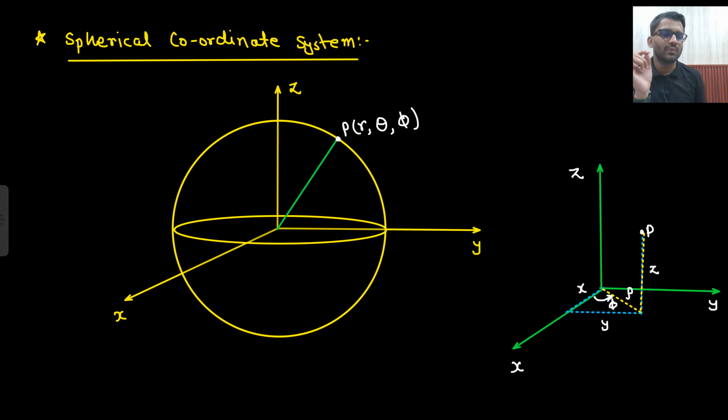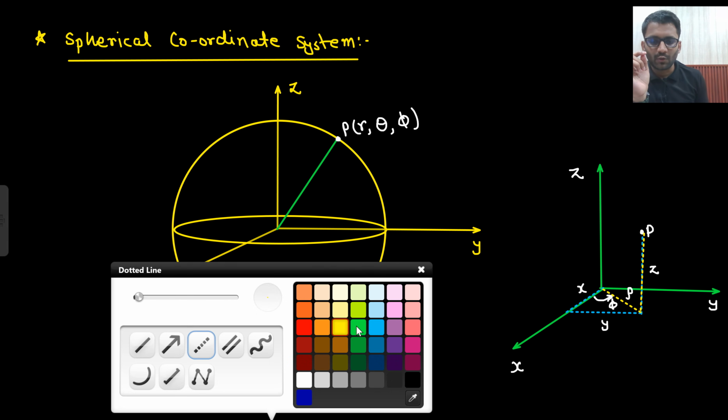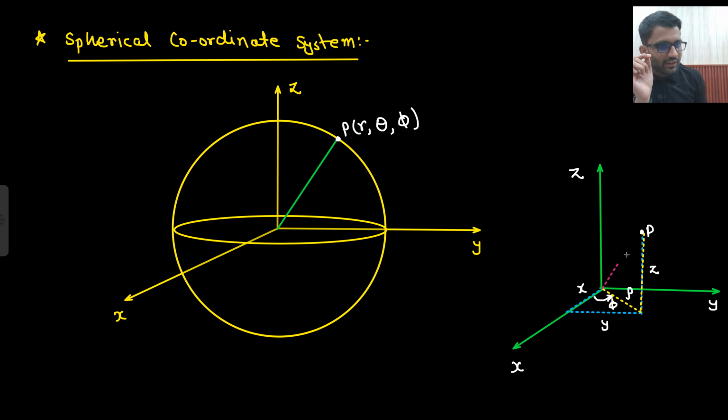Now this is the third way. From the origin we will directly jump to the point P, traveling at distance r. From origin to point P there is a distance r. But making sure that I make an angle theta with z axis from top to bottom.